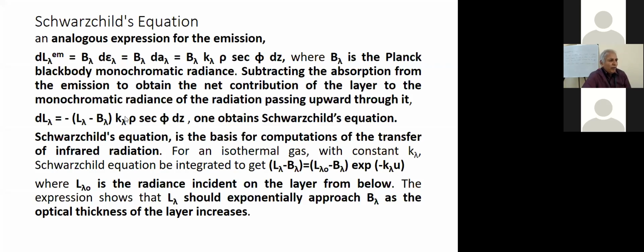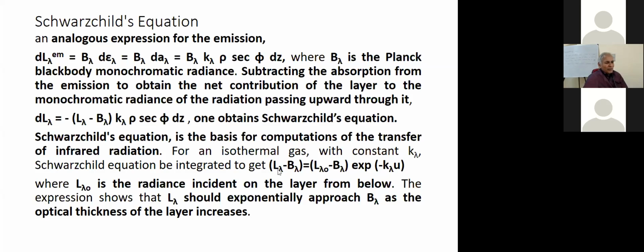In a very simple way, for a moment, if you assume we have an isothermal atmosphere, K lambda, which is normally a function of temperature, becomes independent of height, because it's an isothermal gas with constant K lambda. So it's possible to integrate this and you get this. What this tells me is that K lambda U is my optical depth, right? When the optical depth goes to very large values, this becomes like 1.